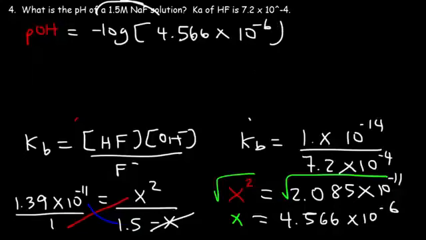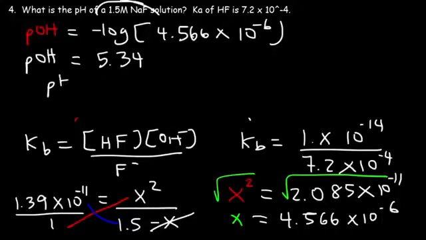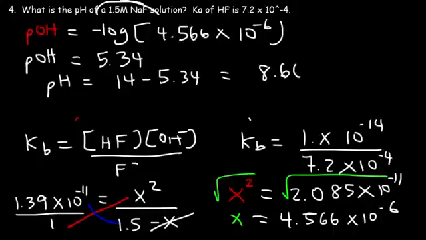The pOH is going to be somewhere between 5 and 6. So it's actually 5.34. Now that we have the pOH, we can calculate the pH, which is 14 minus the pOH. And it's going to be about 8.66. So that's the answer for this problem.